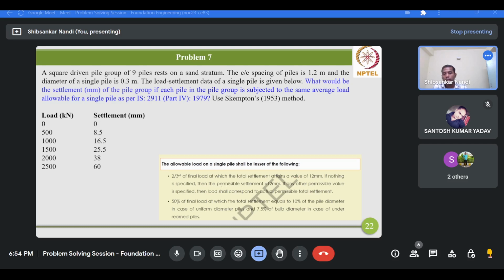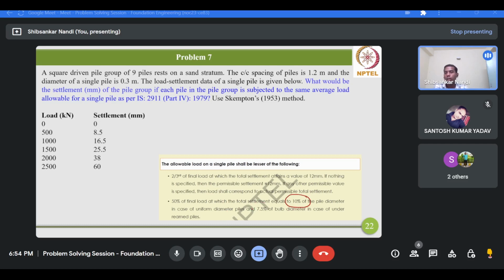In the second case, it will be 50% of final load at which the total settlement equals 10% of the pile diameter in case of uniform diameter piles, and 7.5% of bulb diameter in case of under-reamed piles. Since this is a uniform diameter pile, you have to consider 10% of the pile diameter.